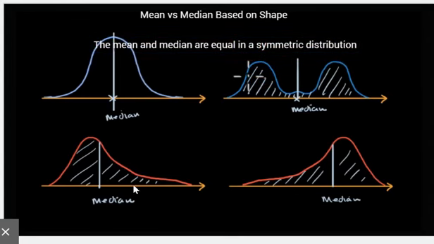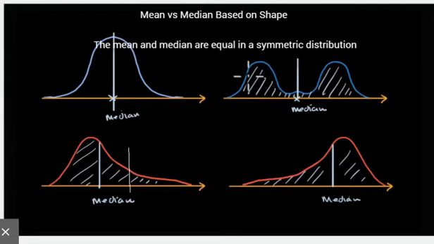Now, what if we have a skewed distribution? What happens with the mean and the median? Well, if we look at this picture on the bottom left, we have a skewed right distribution. The tail is on the right, so this is skewed right. In this case, the mean is going to get pulled towards the tail. So the mean is going to get pulled over this way.